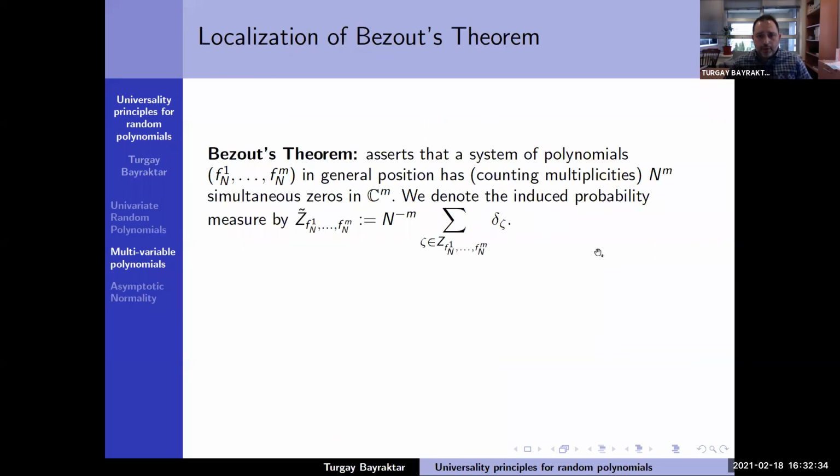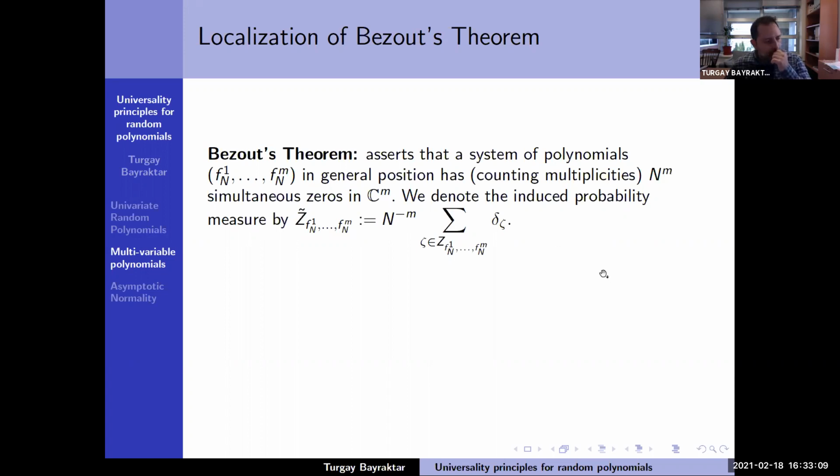So Bézout's theorem tells you that when the coefficients are in general position, if you take a top system, where m is the dimension here, this system has n to the m zeros, where n is the degree, and the normalized zero measure is given by basically this.